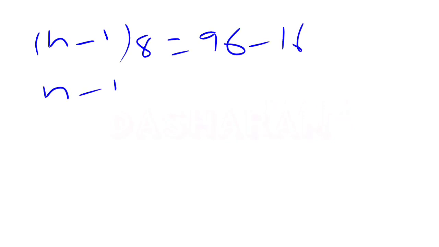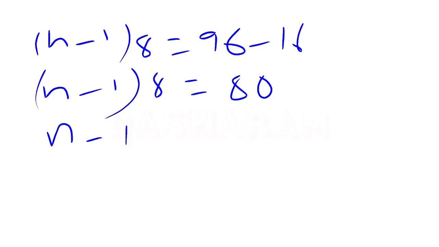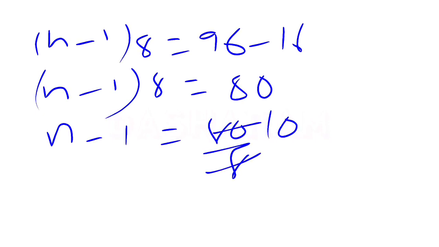So n minus 1 into 8 equals 96 minus 16, which is 80. So n minus 1 equals 80 divided by 8. 8 tens are 80. So n minus 1 equals 10.